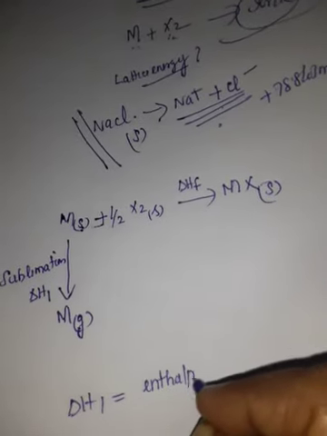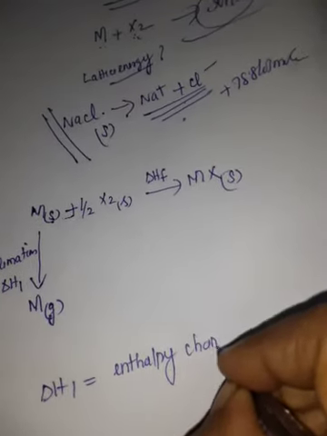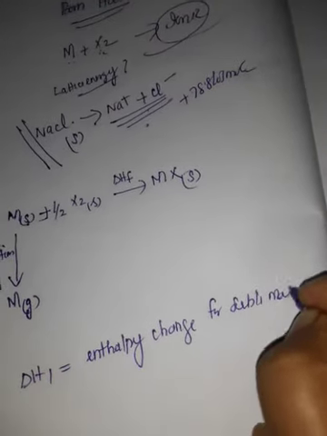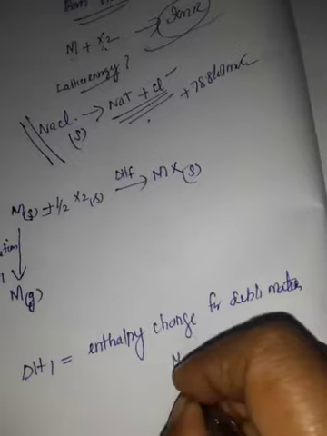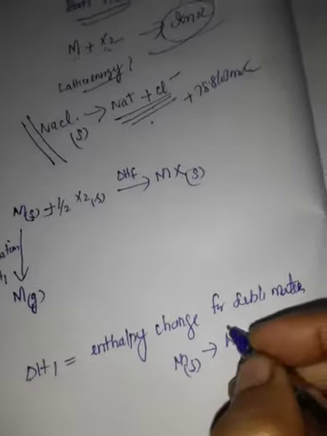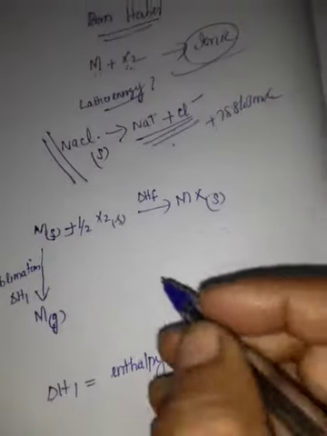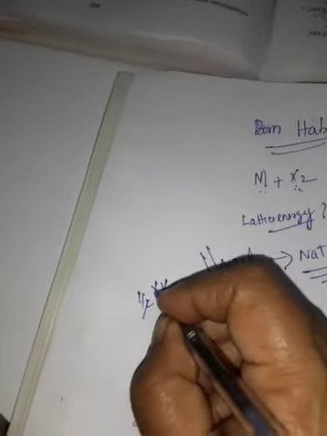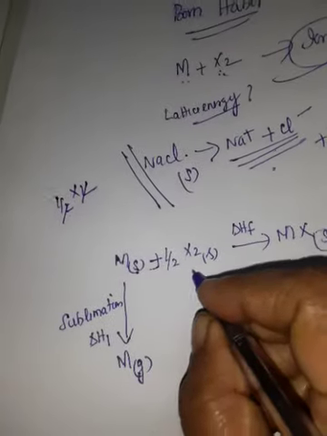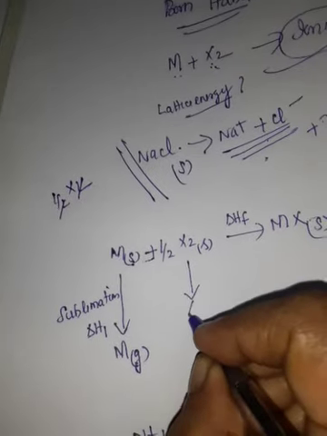Delta H1 is the enthalpy change for sublimation, that is, metal solid converted to metal gas. Next, this half X2. The 2 gets cancelled, so only X will be there generally. Now this half X2 gas converts to only X gas.